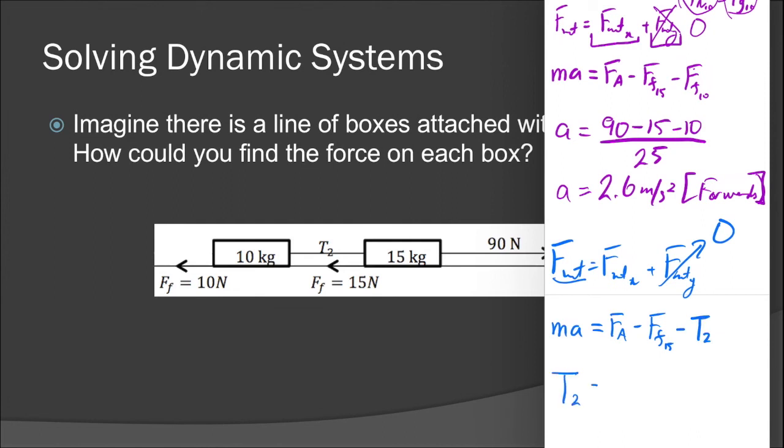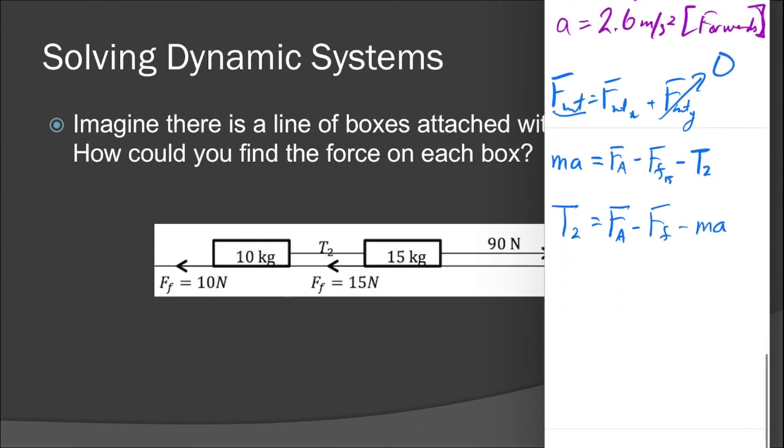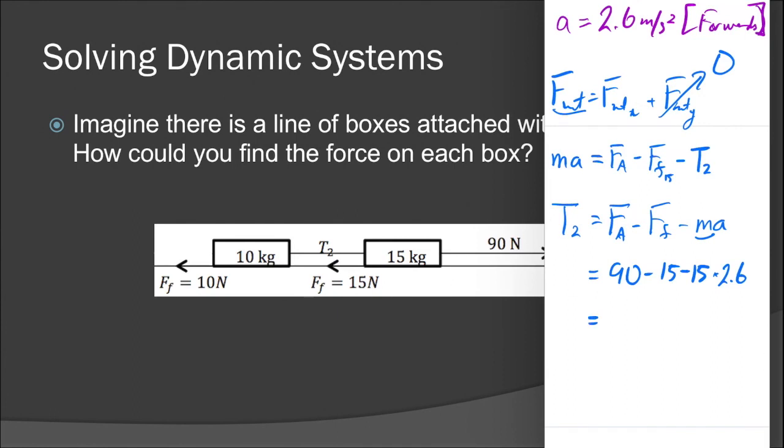Therefore, our tension force is equal to our applied force minus our friction minus mass times acceleration. And putting in our numbers, this is equal to 90 minus 15 minus our mass of this system, which is now 15 kilograms, times 2.6. Putting these numbers into our calculator, we find this is equal to 36 newtons.